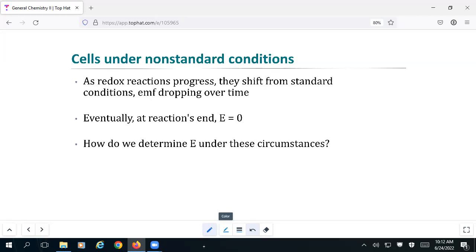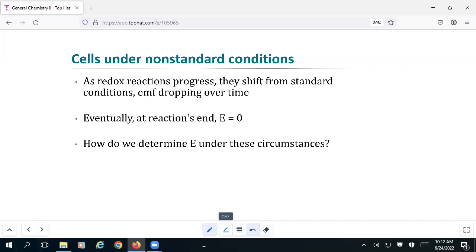A battery doesn't go on forever. We all know that eventually the AA batteries in your Game Boy run out. And you got to replace them. Or if you have rechargeables, you've got to reverse the polarity and recharge the batteries.